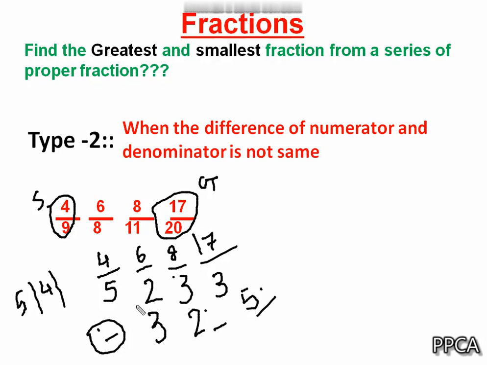But I always prefer the first method because it is the simplest way. In a competitive exam, when we get such fractions, there is not so much time for finding the LCM, multiplying the numerators and finding the values. But in the division method, we simply divide 4 by 5 and get the quotient point something.